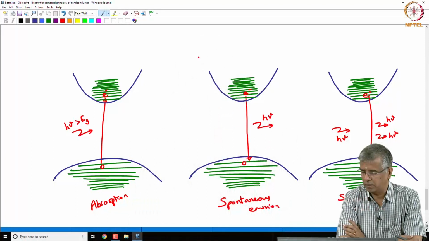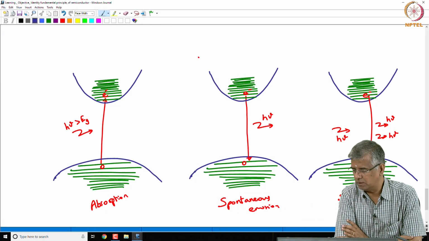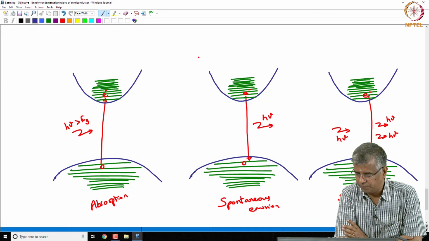So, if you have a light with energy greater than the band gap energy, then that could get absorbed, leading to electron hole pair generation, which we will come back and discuss in a little more detail when we get into semiconductor light detectors.